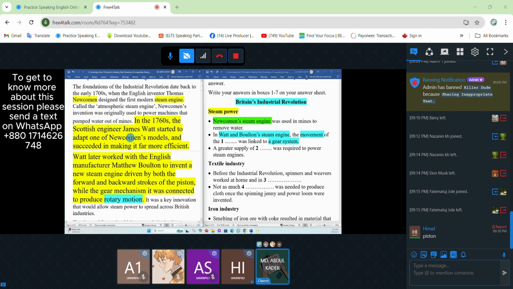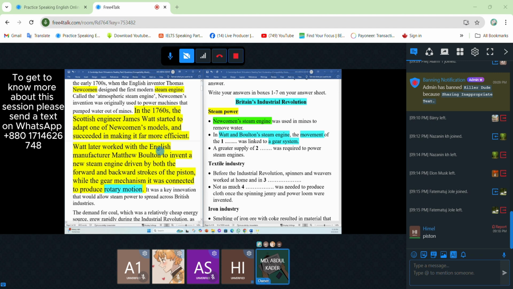So here James Watt started to adapt one of Newcomen's models and succeeded in making it far more efficient. That means James Watt became successful in making a machine efficient.